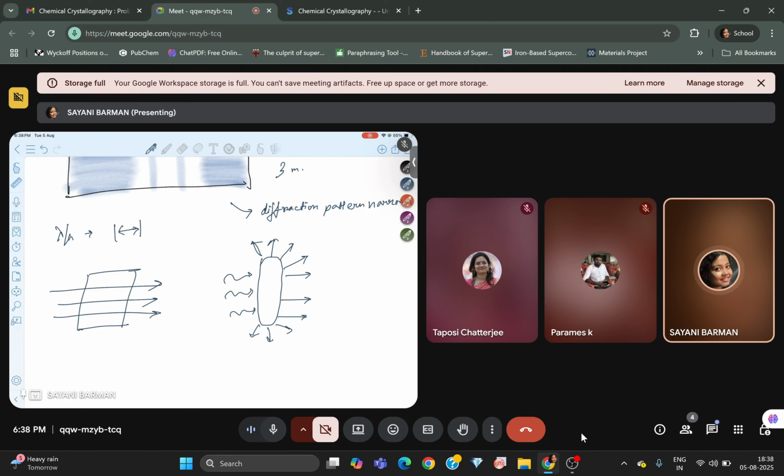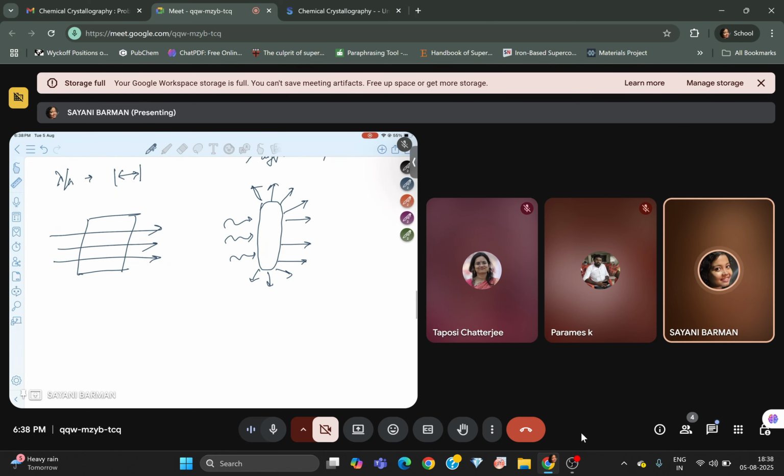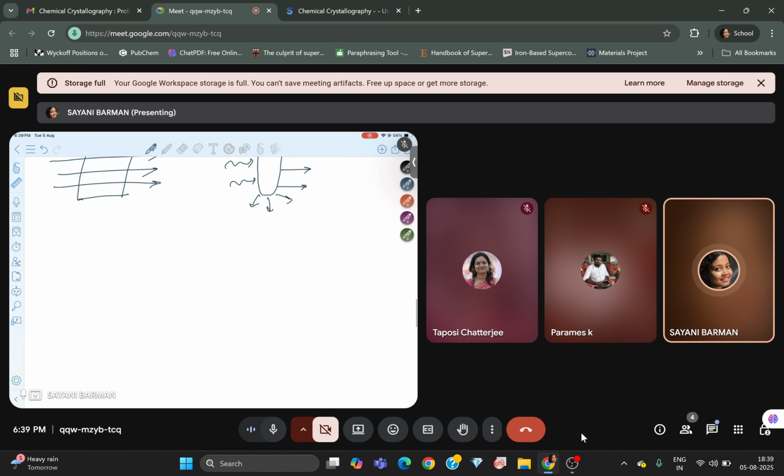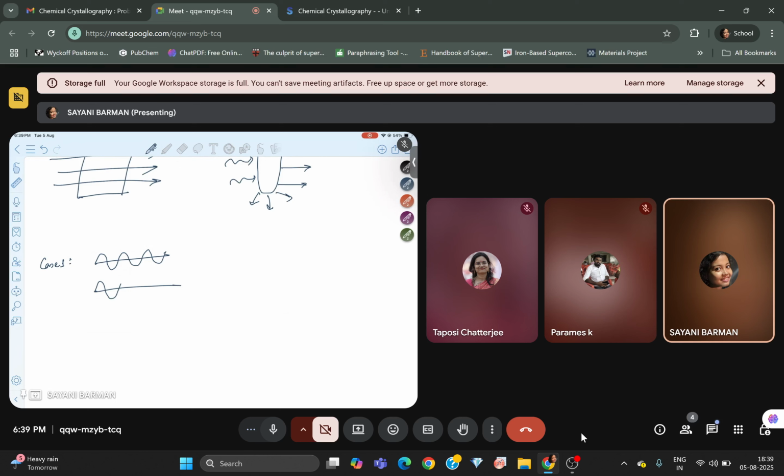So the grating is important in the source of light. There are of course two types of interference, constructive interference and destructive interference. If we draw the cases, this is case one.